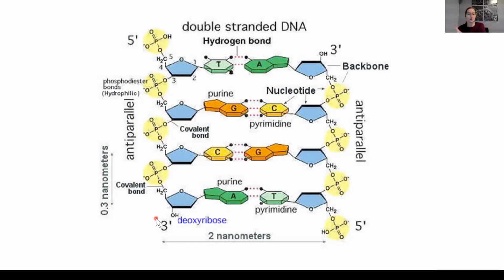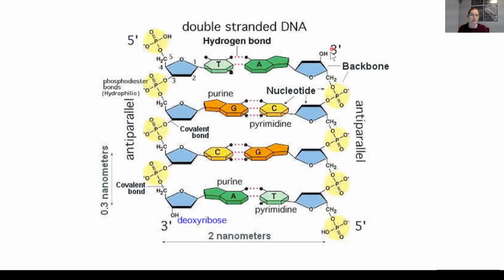If we look at our other side of DNA, note that the oxygen's now pointing down. So this is upside down compared to the side on the left. So if we count off our carbons again, going clockwise from the oxygen, it's 1, 2, 3. So now the 3rd carbon is on top, and the 5th carbon here is on bottom.